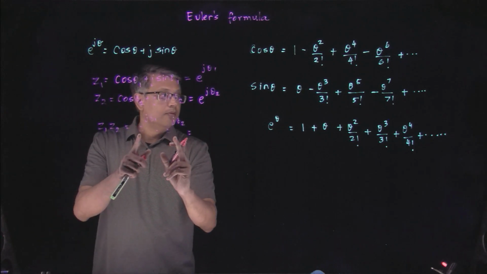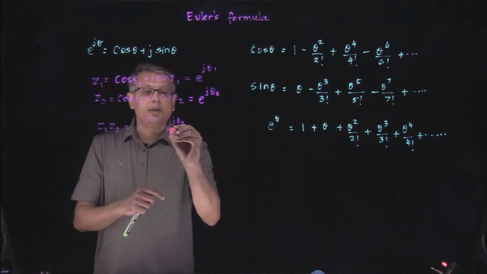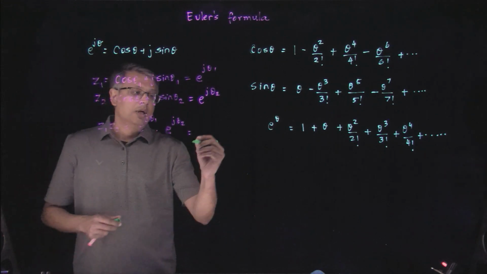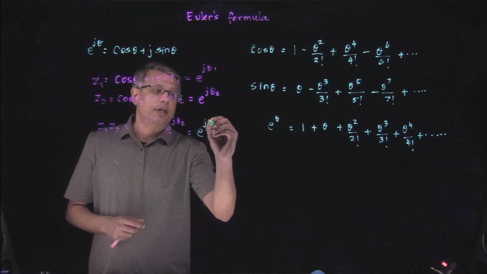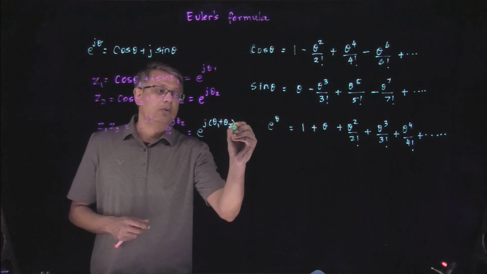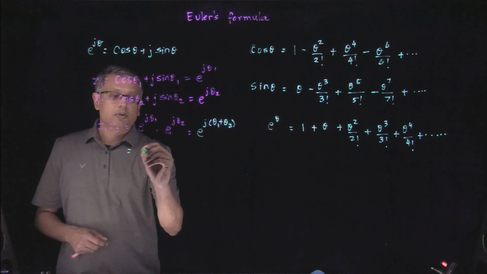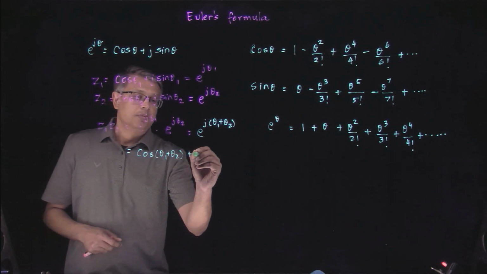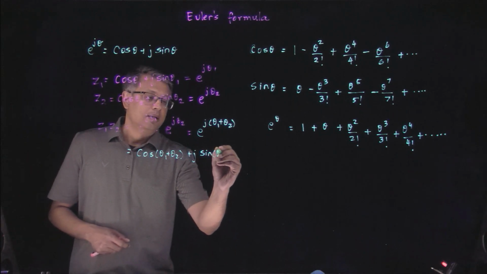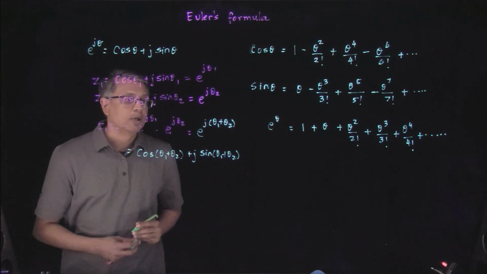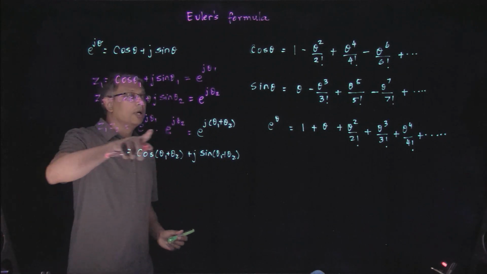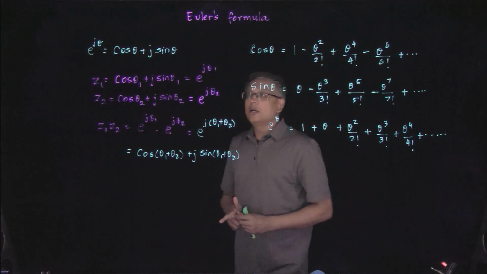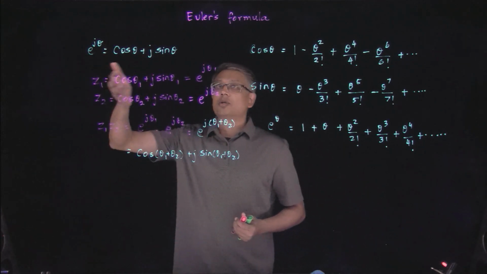Here we can use the rules of multiplying exponentials, and we can write this as e to the j times theta 1 plus theta 2, which when you convert back to Cartesian form is cosine of theta 1 plus theta 2, plus j times sine of theta 1 plus theta 2. So you can see how easy it is to multiply these two complex numbers if you use Euler's formula. All right? That is the operational way in which we will use Euler's formula.